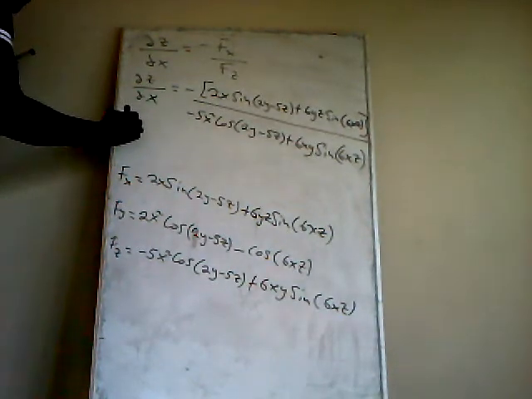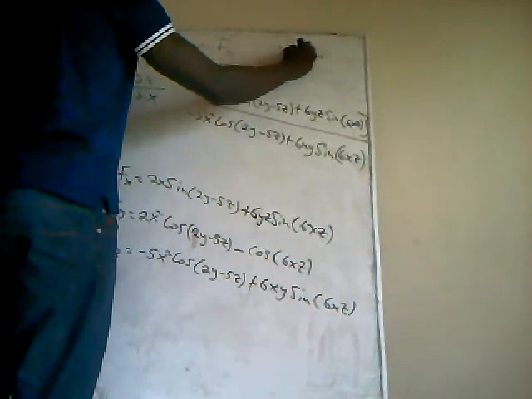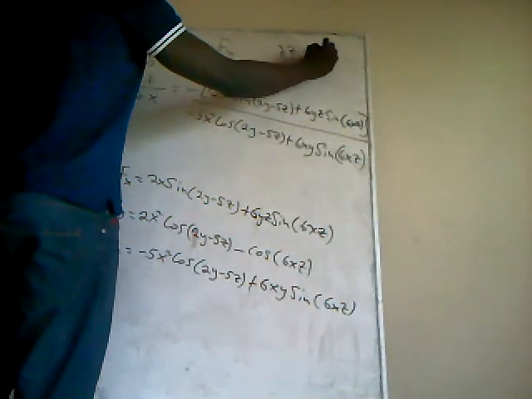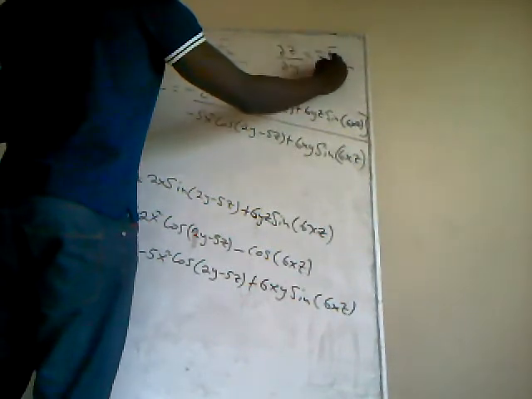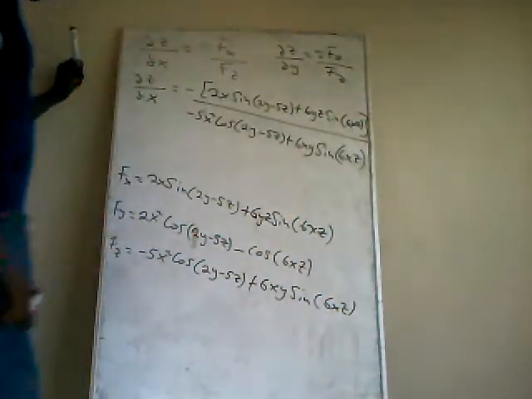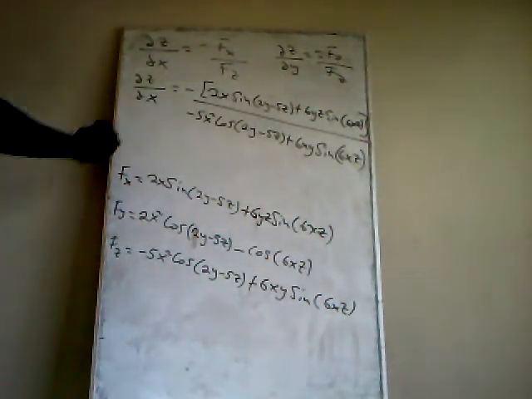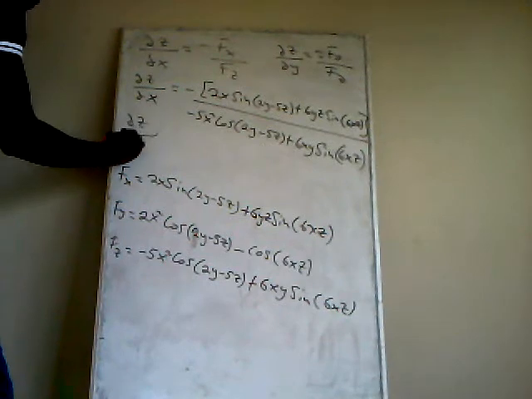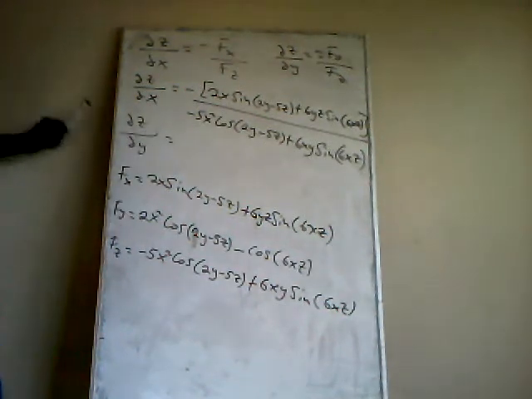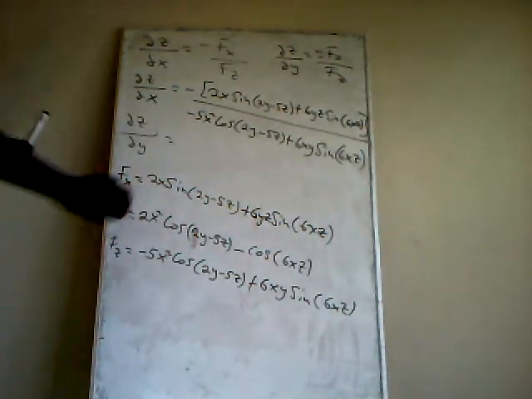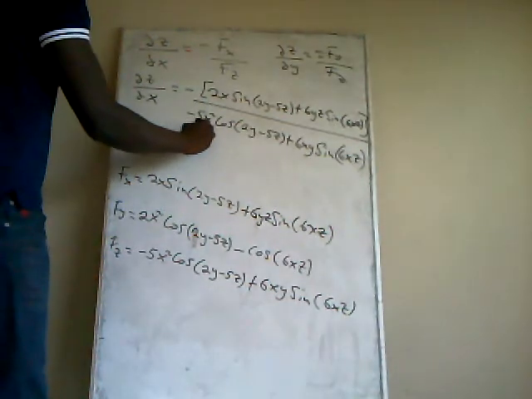We can go ahead and find del z, del y, which is also minus fy over fz. And I'll do that one below. So del z, del y, we write fy, we negate it.